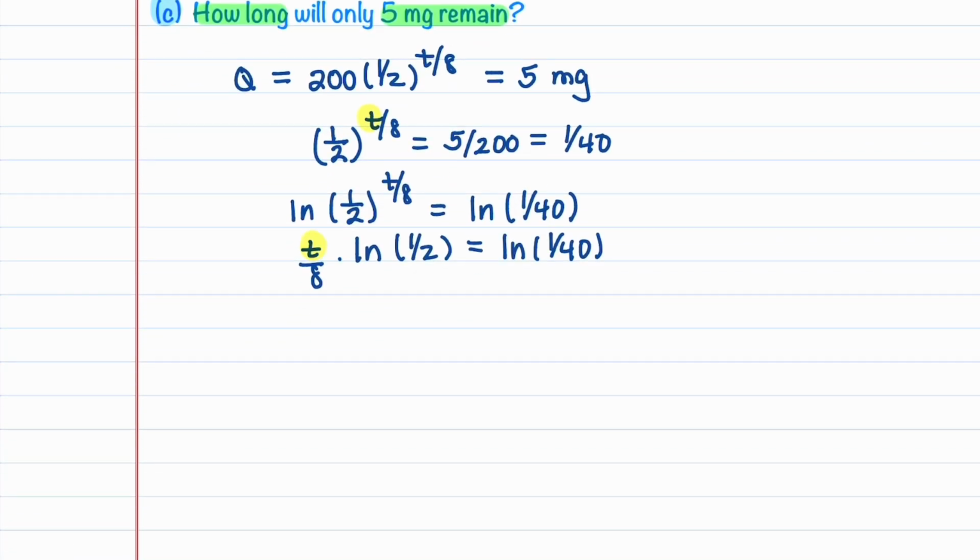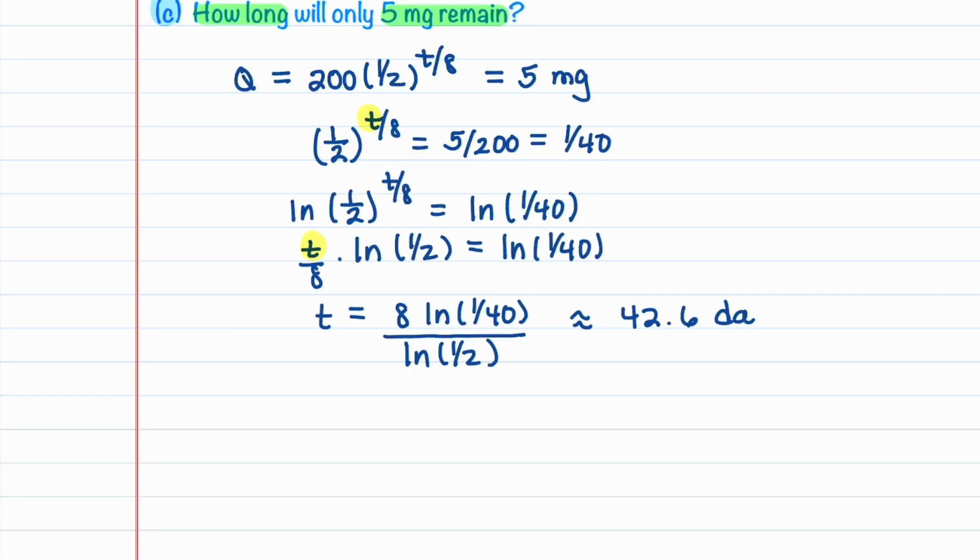Now to find t, we're going to multiply both sides of the equation by 8 and divide by natural log 1/2. So we get t is equal to 8 natural log 1 over 40, all divided by natural log 1/2. When I put this into the calculator, I get that this is approximately 42.6 days. So in 42.6 days, there will be 5 milligrams of iodine 131.